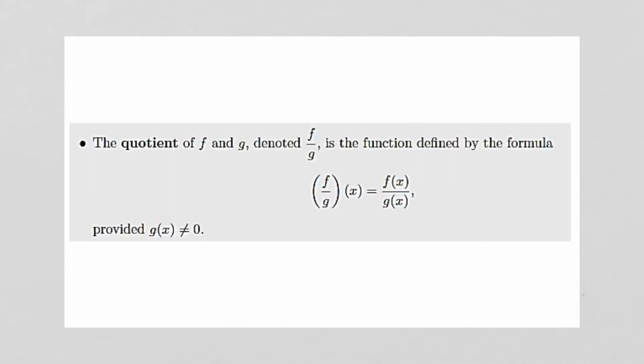And then the other one is the quotient of f and g, so that would be f on top, g on the bottom, in this order. So we call that the quotient of f and g of x: f(x) on the top, g(x) on the bottom.